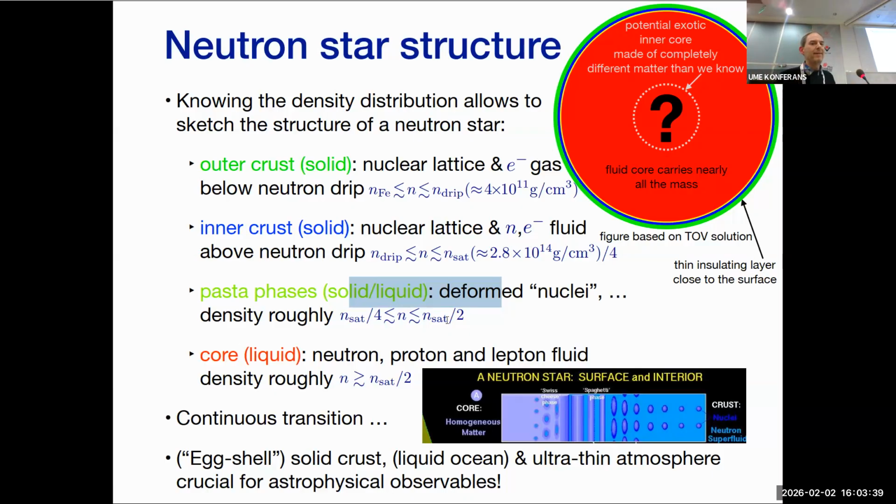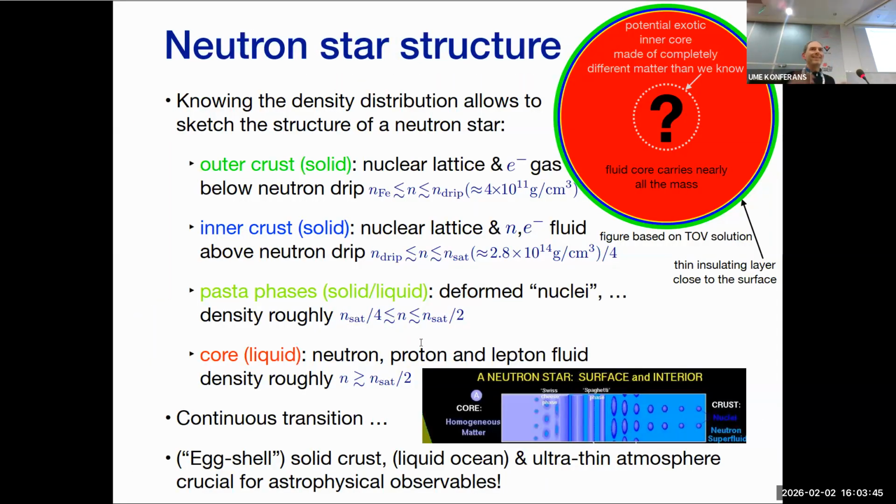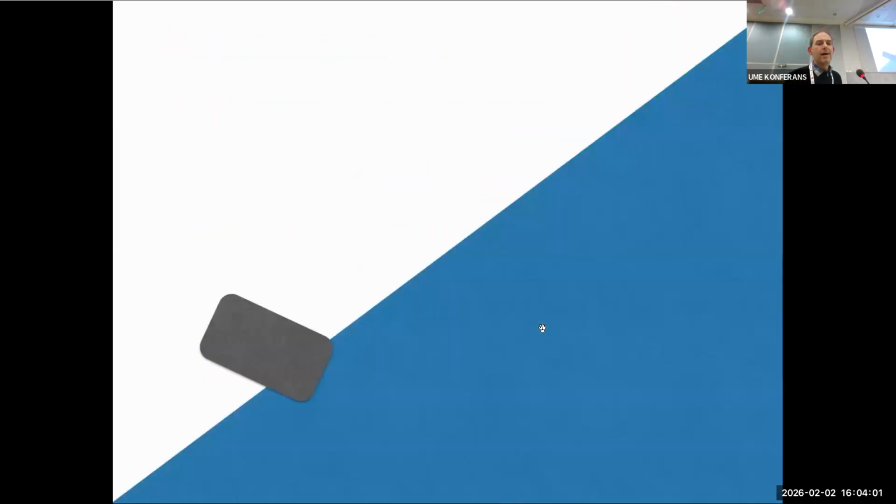But most of the star is at extremely high densities, and it's a liquid. Okay? And that's what I mainly will talk about in my talk. It's a continuous transition, as you see. So these pasta phases take you continuously from something that's solid to something that's liquid, a roughly continuous transition.